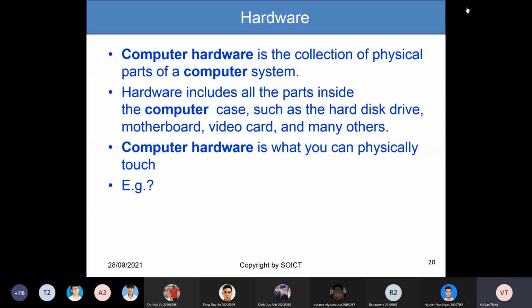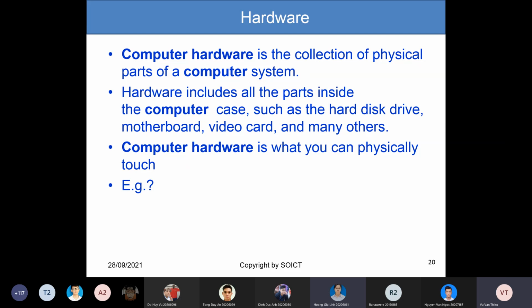Hoàng Giao Linh, can you give some examples of computer hardware? Computer hardware, I think, is something such as the hard disk drive, or the board of the computer.